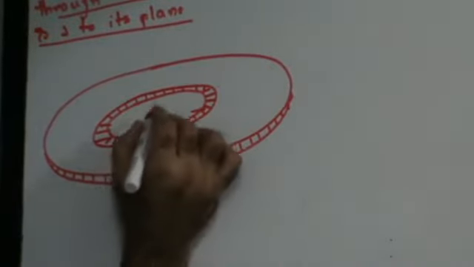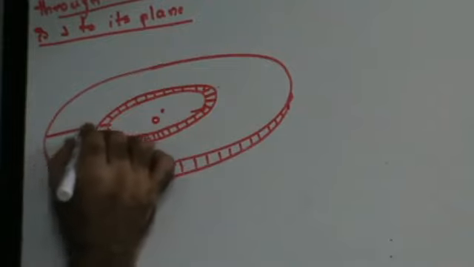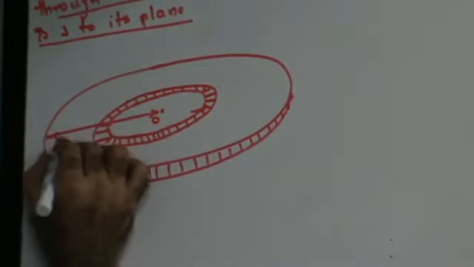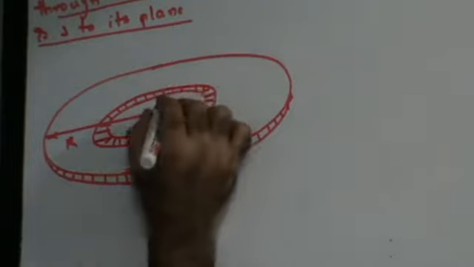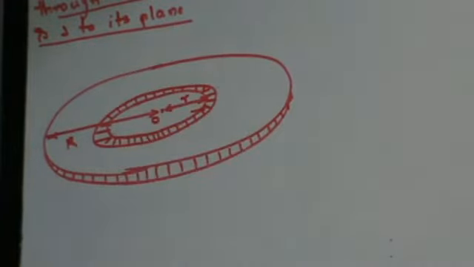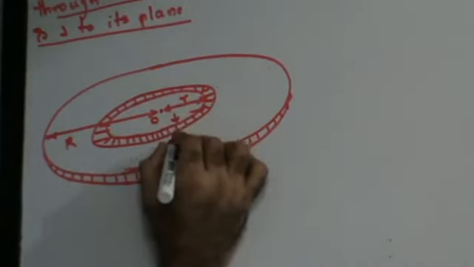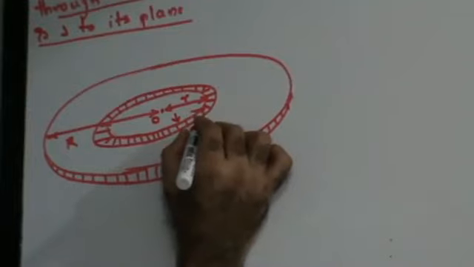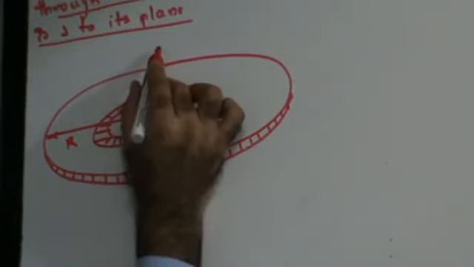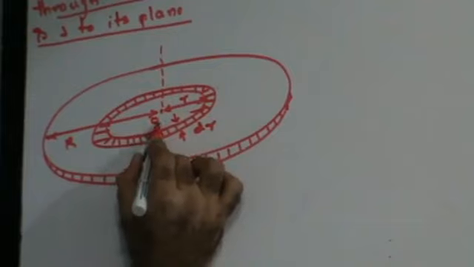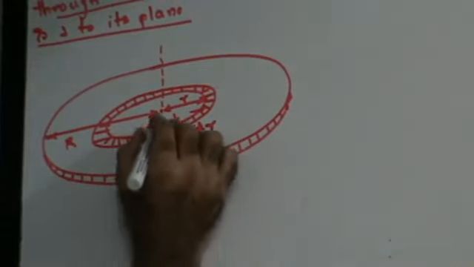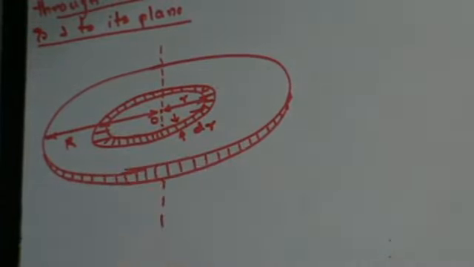Let's consider O as the center of the disc. Let capital R be the radius of the disc. Let small r be the distance at which the given element is from the center. Let the length of the element be equal to dr. Let the axis of rotation pass through the center and perpendicular to the disc.